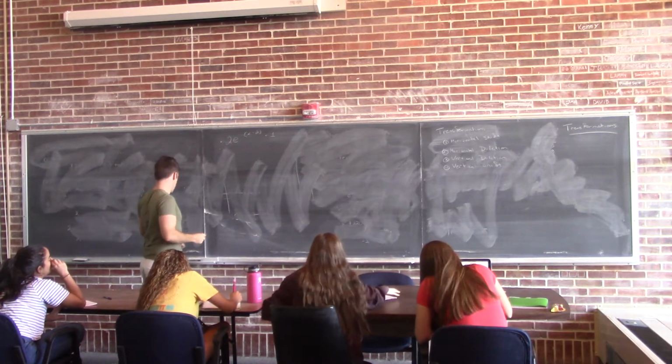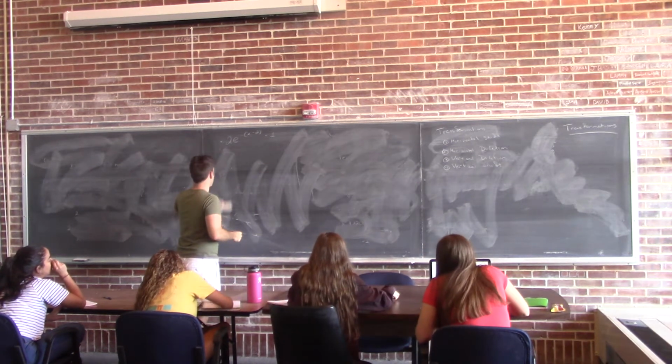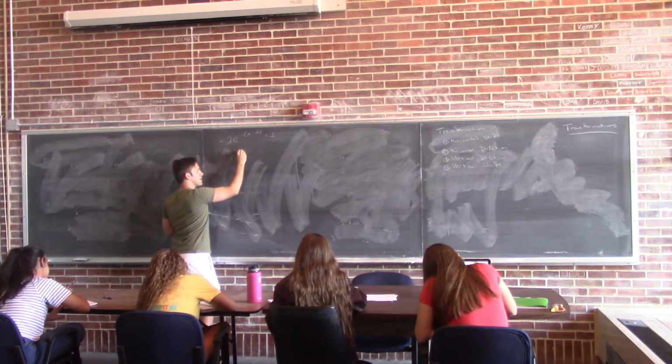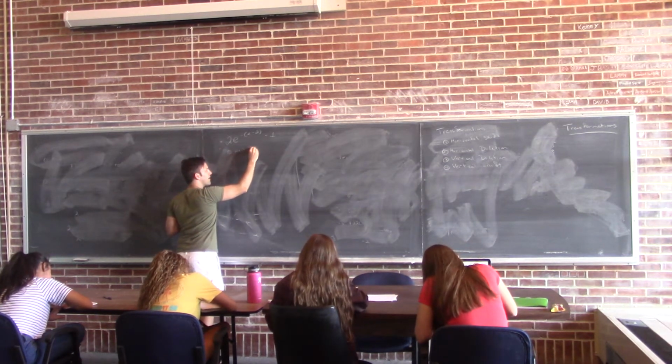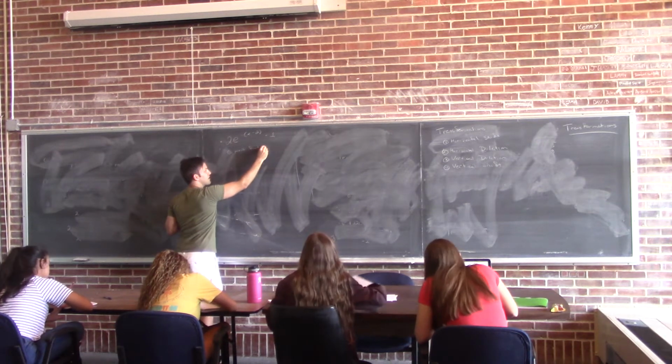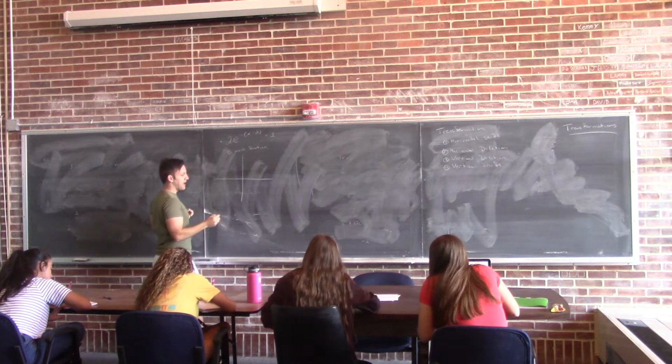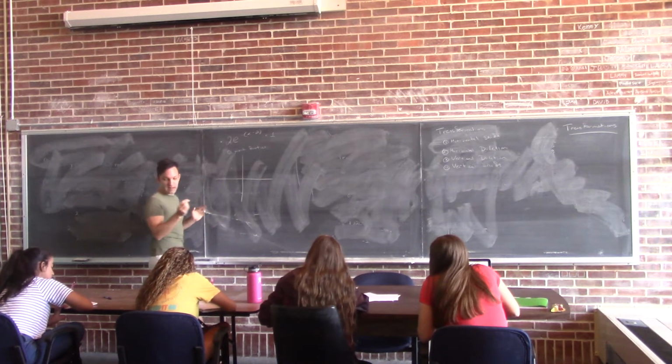Okay, so first thing I'm going to do, number 1, parent function. What's the parent function? e to the x, and I'm going to pick some nice points on that.